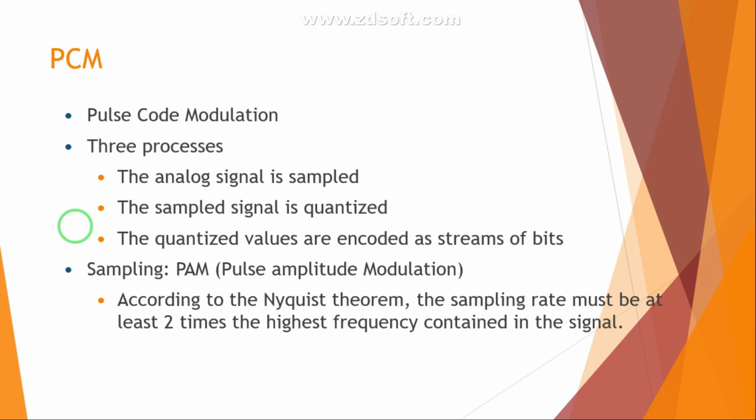It means 2 into 4000, that is 8000 samples per second. It is a minimum criterion, guys. Ideally it should be greater than 8000 samples per second. Then and only then can you reconstruct the analog waveform from its sampled signal.